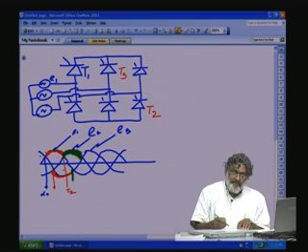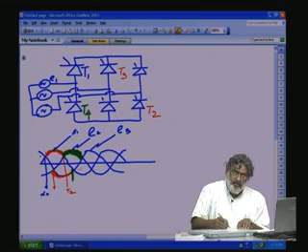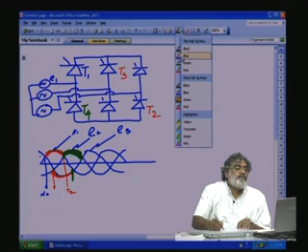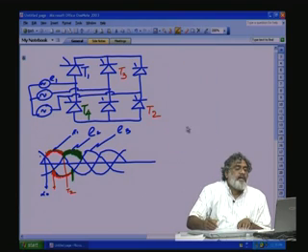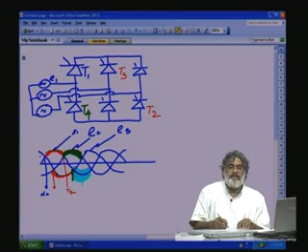So, next is T4 at the E1 phase maximum. So, this is T4. T4 duration will be, let us mark it with another color, this color. So, this is the duration for T4.